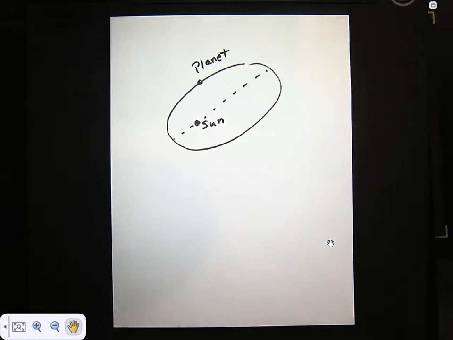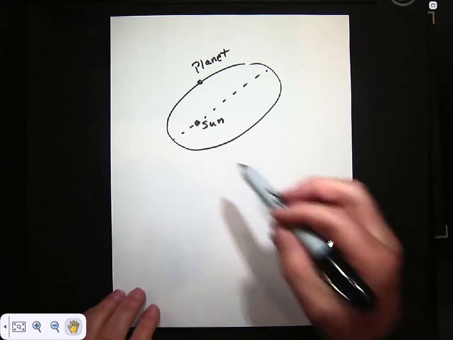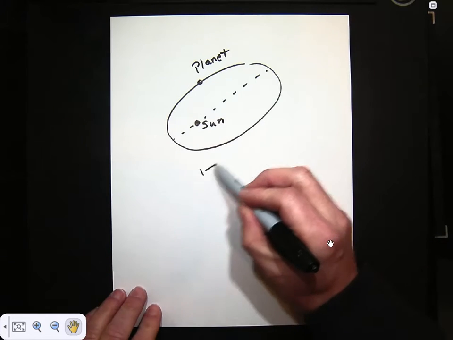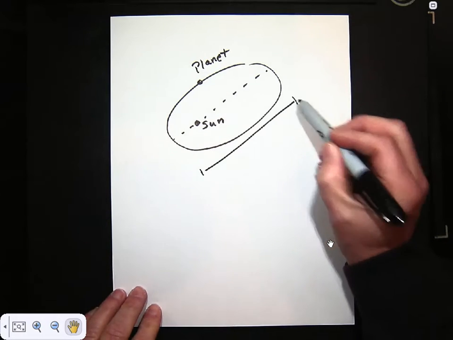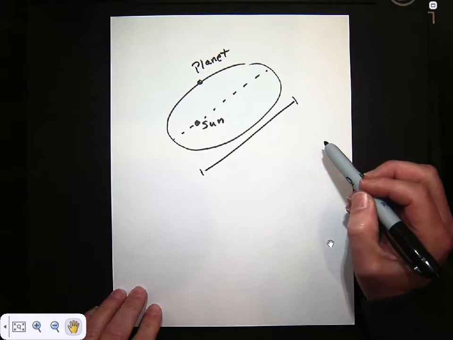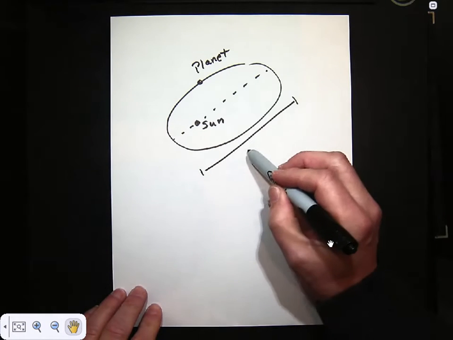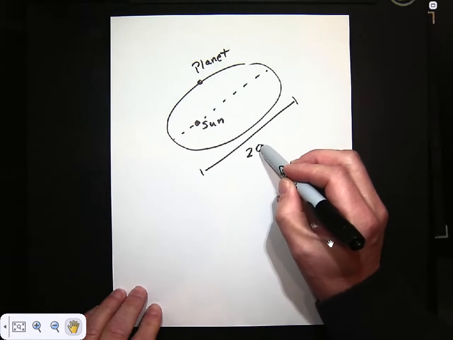The idea is that there is a relationship expressed in Kepler's third law between the orbital period and the size of the orbit in terms of the semi-major axis. Remember that the full distance along the long length of the elliptical orbit is twice the semi-major axis.